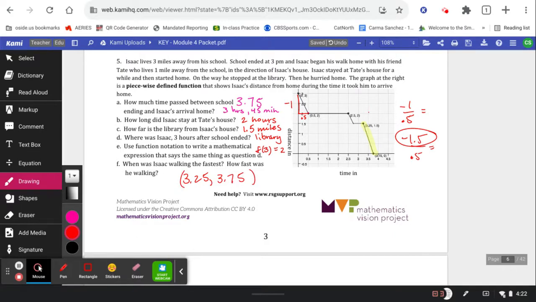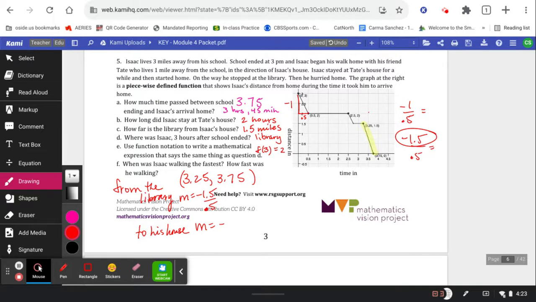This is the interval in which he had the steepest slope, and the slope happened to be negative 1.5 over 0.5. Yes, you could divide that and get a more simplified answer, but it's fine just to leave it like that. And so Isaac was walking the fastest from the library to his house. Maybe at that point he had stayed too long at all the places and his parents were getting mad, so he had to hurry home.